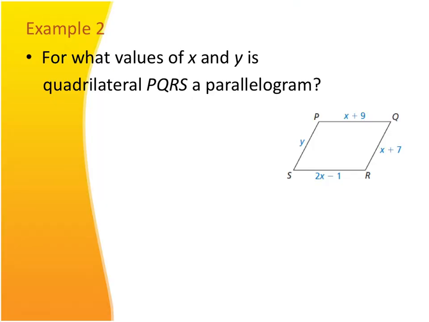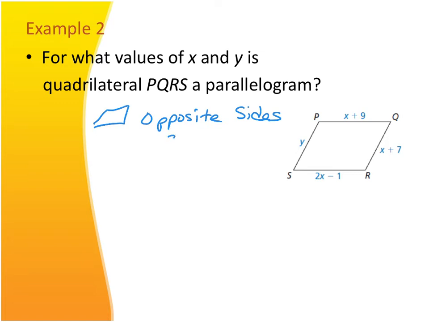So here it's asking me for what values of x and y is quadrilateral PQRS a parallelogram. If it asks you to explain what you were doing, you're going to use the parallelogram opposite sides converse.